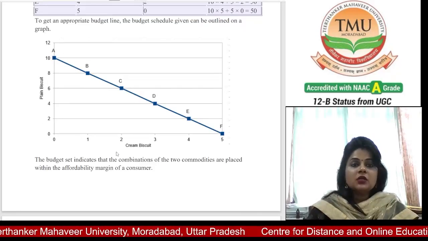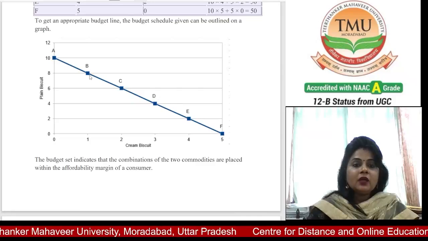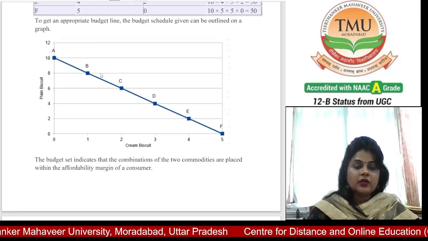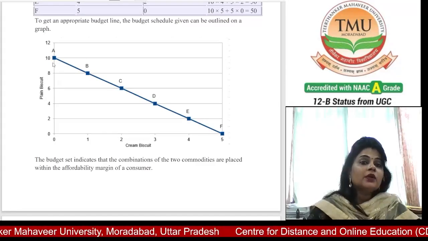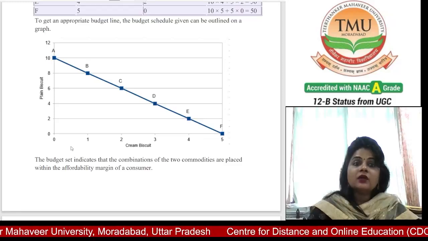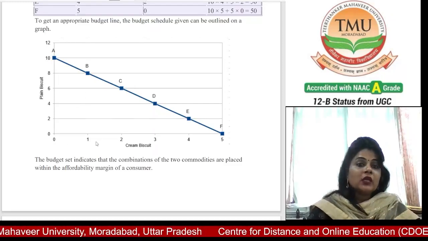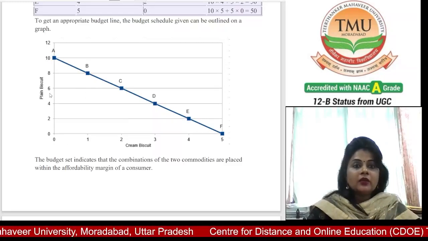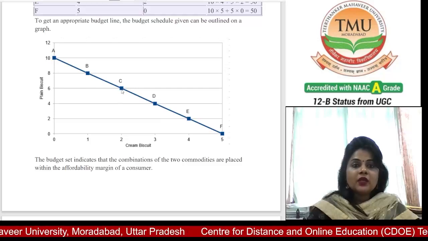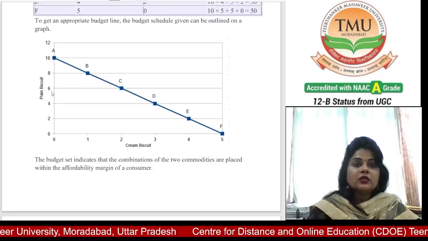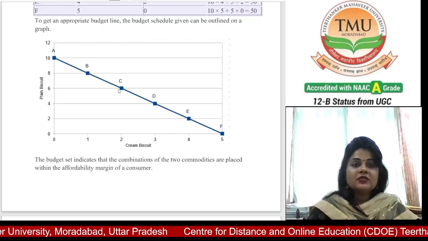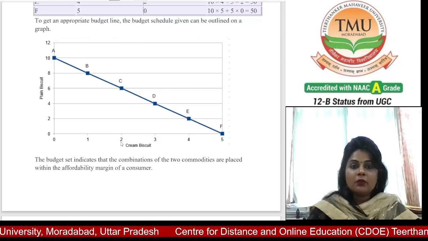Now combination B, you have also seen, she has to give up two plain biscuits and bought one cream biscuit. And combination C, you see that she bought six plain biscuits and two cream biscuits.